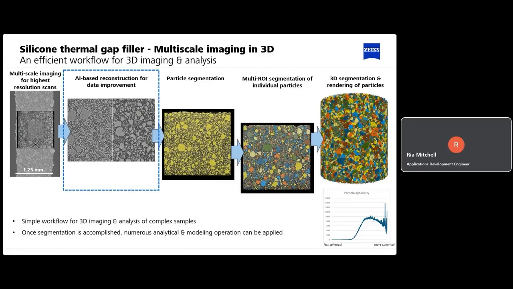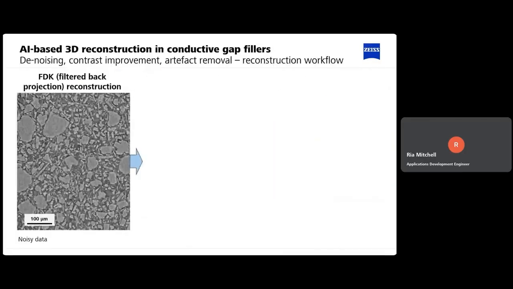So I now want to focus very briefly on the AI-based reconstruction and how that can help us improve the data, so we can get the best segmentation and quantification results we possibly can at the end of this workflow. AI-based 3D reconstruction usually starts off with collecting data that you're not satisfied with.